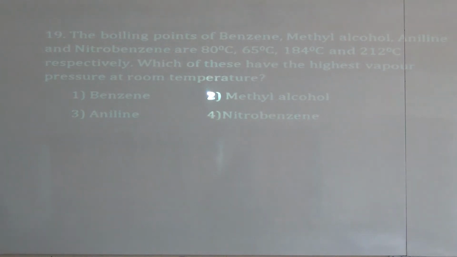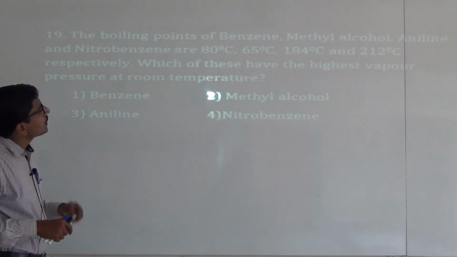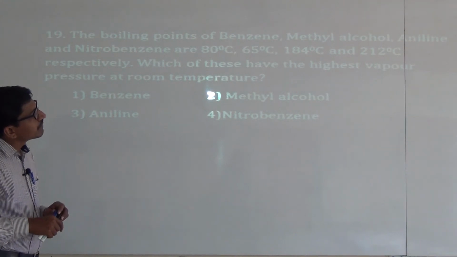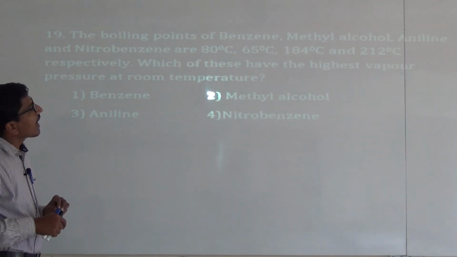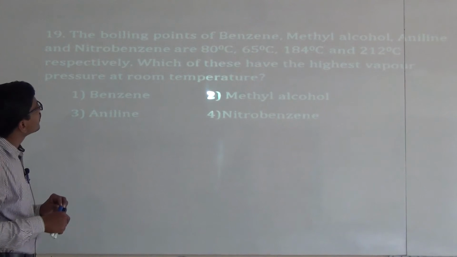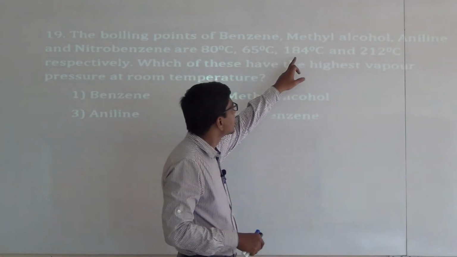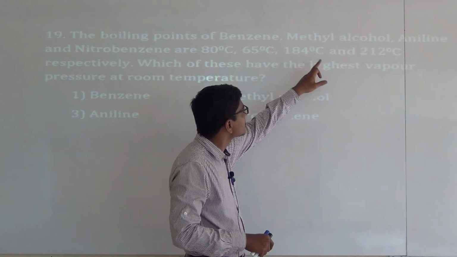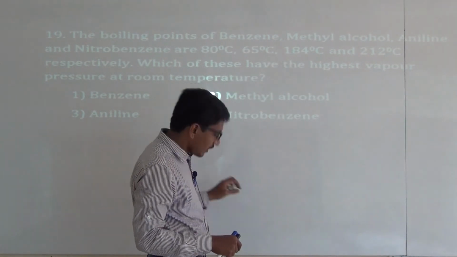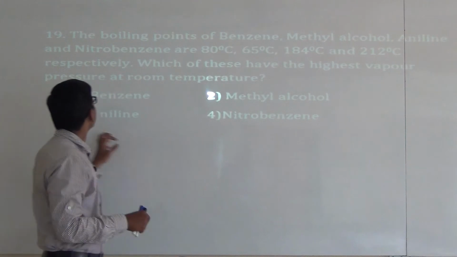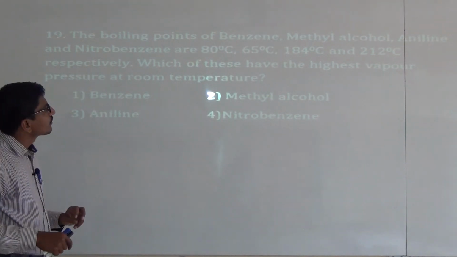Next question is, the boiling points of benzene, methyl alcohol, aniline and nitrobenzene are 80 degrees Celsius, 65 degrees Celsius, 184 degrees Celsius and 212 degrees Celsius respectively.